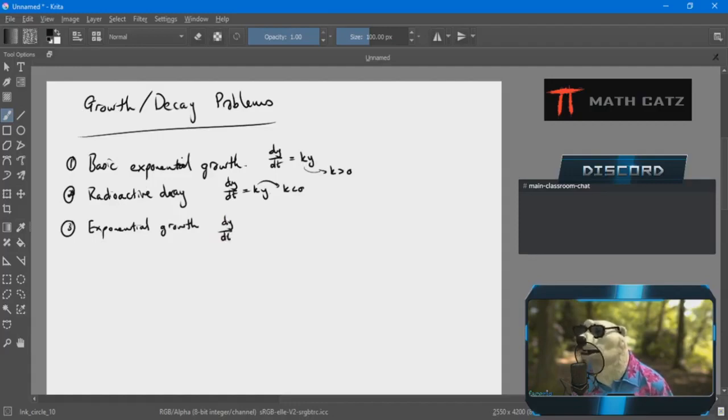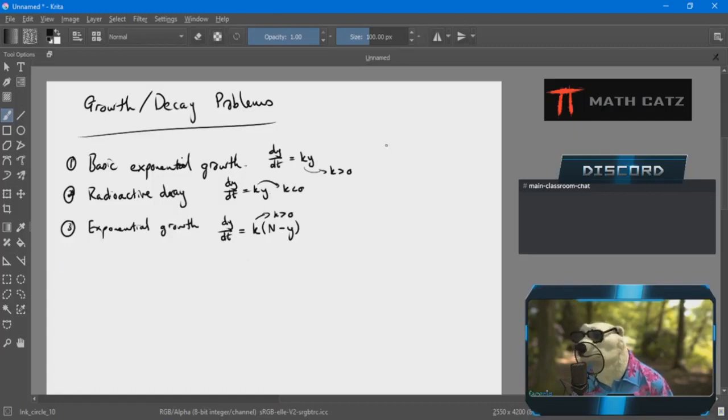So we looked at a different version that said that the growth rate is proportional to how far away the population is from that capacity. That we'll call n, for example. So we still have a growth constant here, but now we're looking at the growth being proportional to something else.